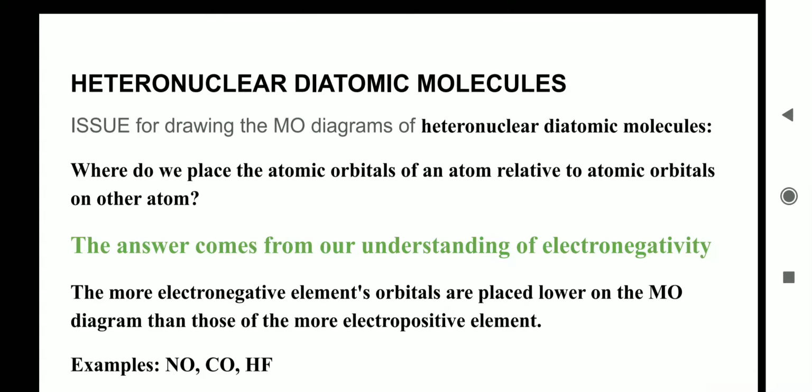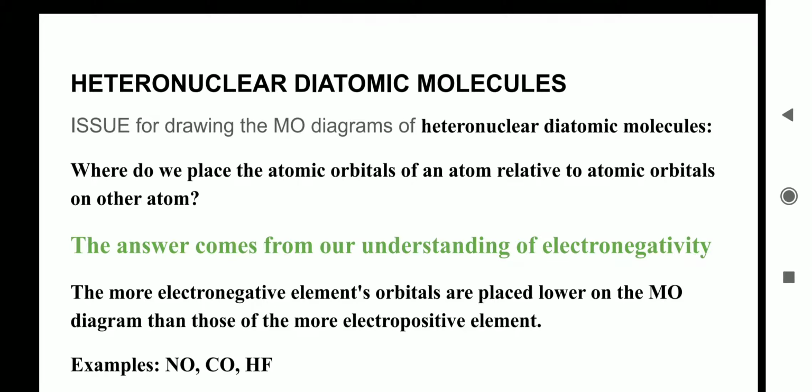Now, there is one issue regarding the drawing of molecular orbital diagrams of heteronuclear diatomic molecules, and that is where to place the atomic orbitals of one atom with respect to the atomic orbital of another atom. We cannot place them at the same level since these atomic orbitals are coming from two different atoms.